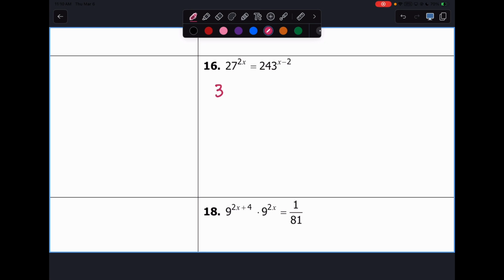Okay, 3 to the third power gives me 27, so I multiply that with 2x. 3 to the fifth power gets me 243, so I multiply that with x minus 2. So 3 times 2x is 6x. 5 times x is 5x. 5 times negative 2 is negative 10. Does that help?